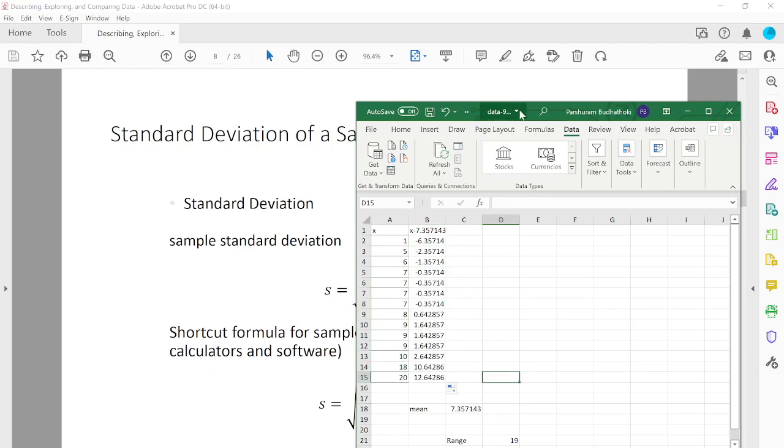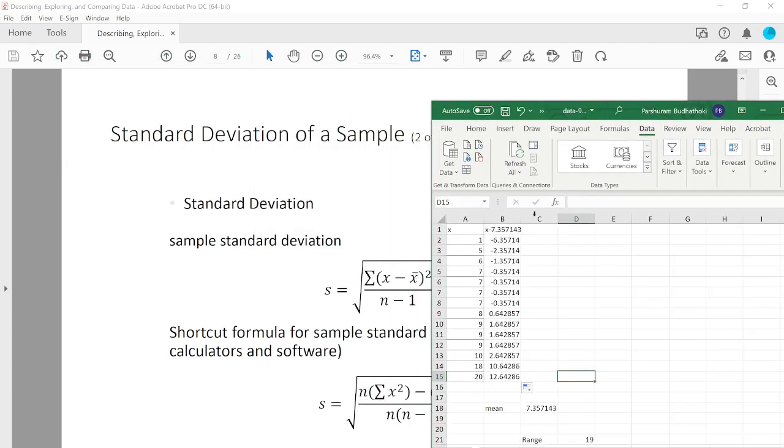Now if you look at the formula, we need to square this value. So the third column would be the square of this value, x minus mean squared. I'm going to use equal this data and square it, and if I scroll down, it squares for me.